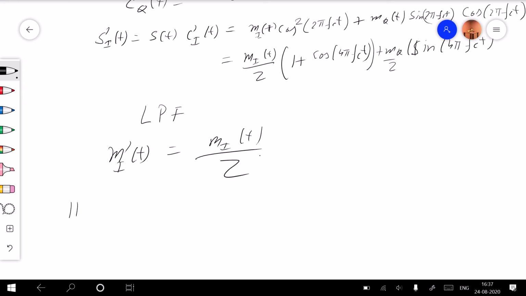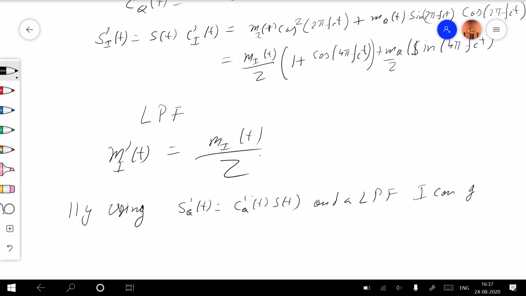Similarly, using C Q(t), or S Q(t), the low pass filter, I can generate M Q prime (t) equals M_Q(t) by 2.